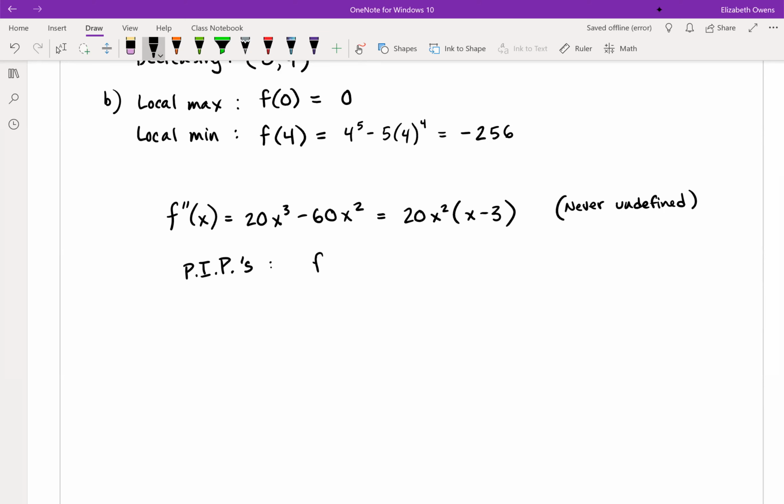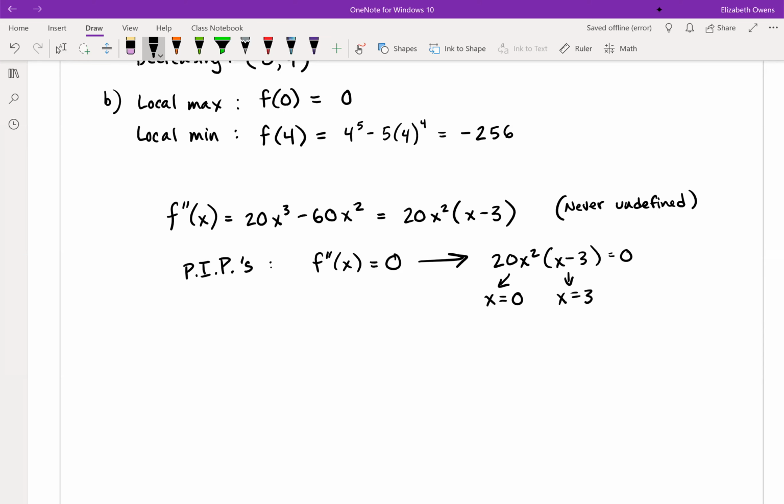That is going to give us x equals 0 and x equals 3 for locations of potential inflection points. But we need to see where the concavity actually changes to see if it is actually an inflection point or not. And so we're going to need to test this on a number line.